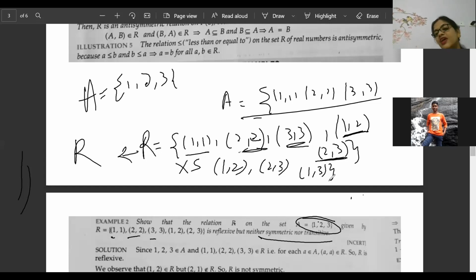Identity relations are reflexive, and 1 1, 2 2, 3 3 come under transitive. But if 1 comma 2 is there and 2 comma 3 is there, then definitely 1 comma 3 must be there. If 1 comma 3 is there, only then it is transitive, otherwise it is not. And 1 comma 3 is missing, so it is not transitive.